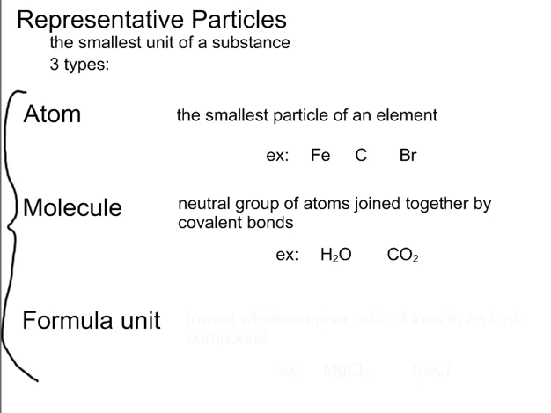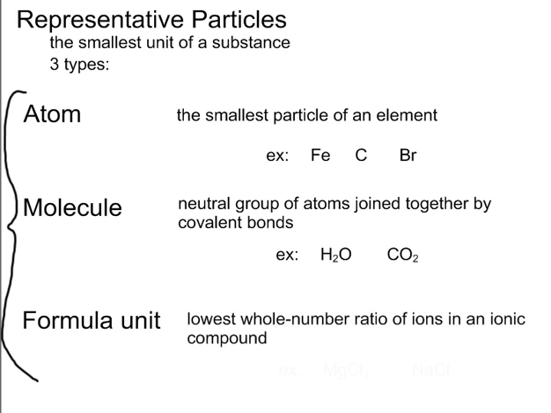How do we know? First of all, it's more than one atom connected together. But the telling thing is that the elements in this molecule are nonmetals. Remember, nonmetals bonded together by covalent bonds make molecules. So if you're looking at the formula, look for all nonmetals, and you'll call those particles molecules. A formula unit is the lowest whole number ratio of ions in an ionic compound.